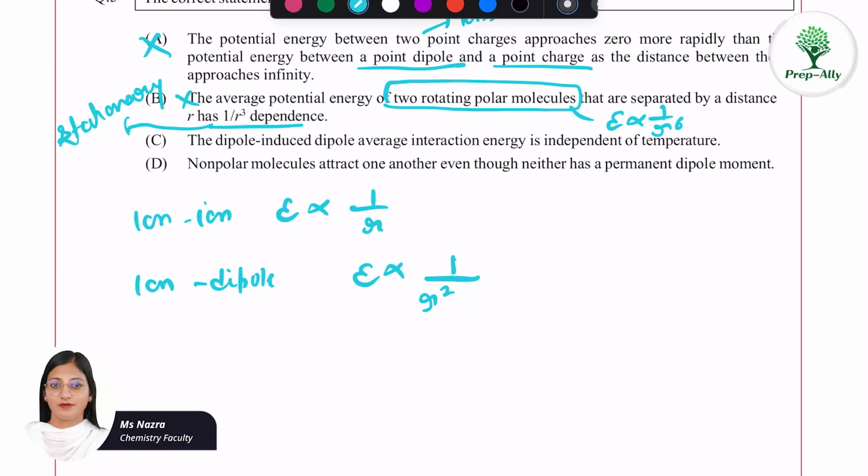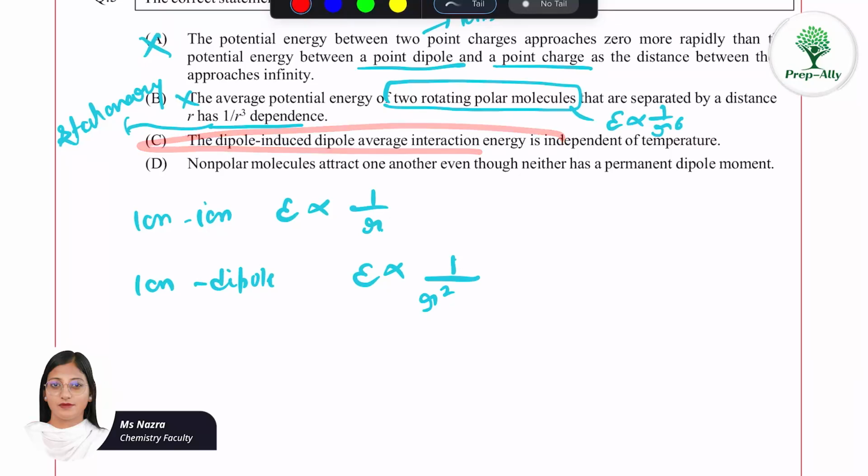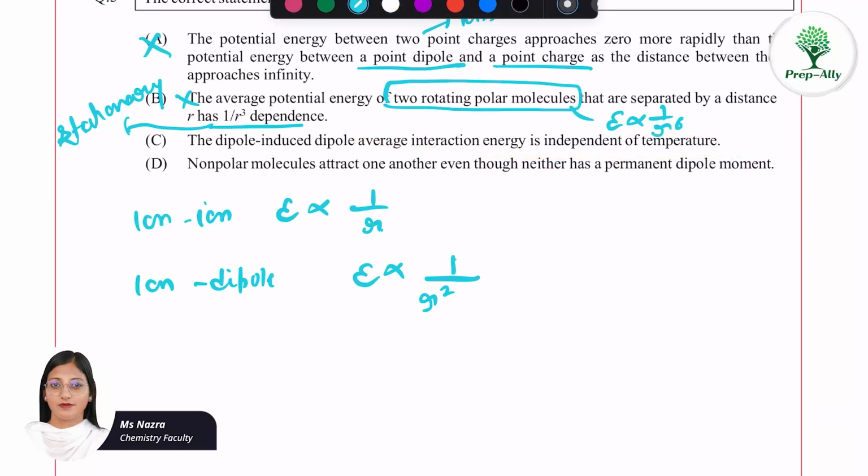It says it is independent of temperature. Yes, for sure, because whenever we have any thermal motion or any thermal process, it will not have any impact over the average interaction energy. This is clear. So it will not have any impact over the temperature, or the thermal motion will not have any impact over the average interaction energy. So this statement is correct.